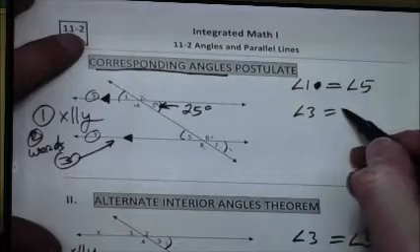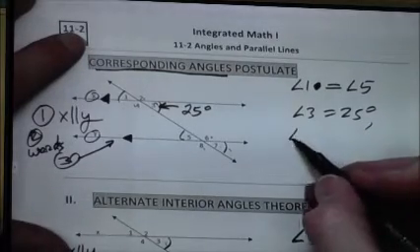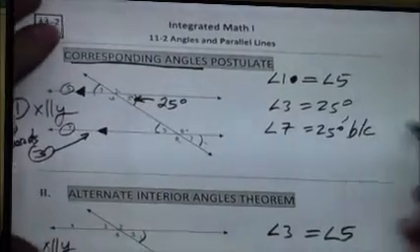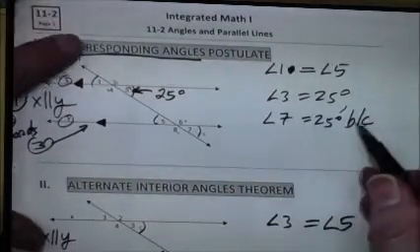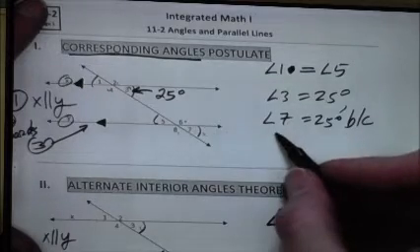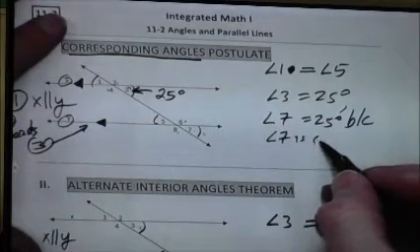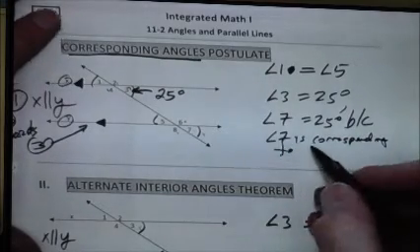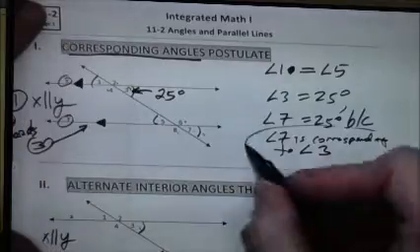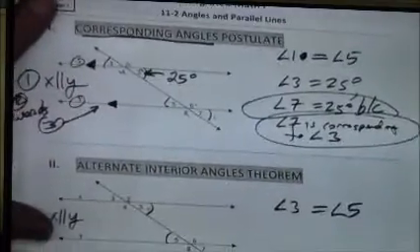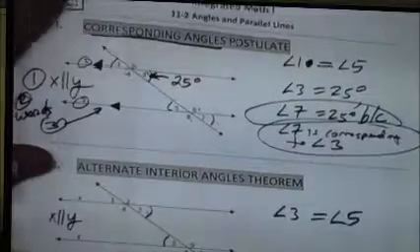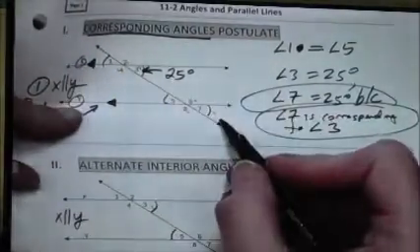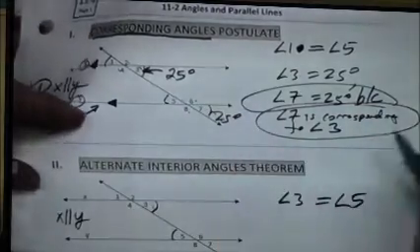So if angle 3 is equal to 25 degrees, angle 7 equals 25 degrees, because, that's a shorthand way of saying, because angle 7 is corresponding to angle 3. So I would actually say angle 7 is corresponding to angle 3, and they're equal to each other. And if that's 25, this one automatically is 25 degrees.